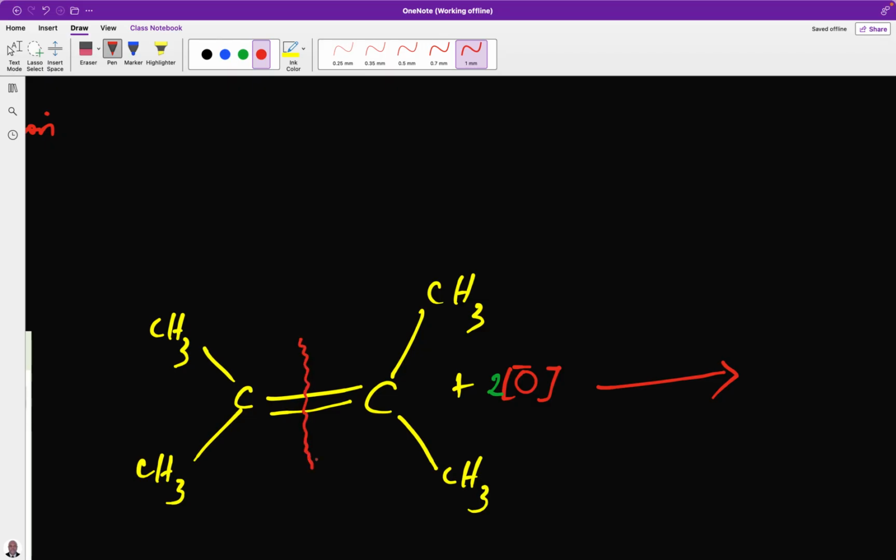When there is a breakage there, oxidation is doing what? Addition of oxygen atoms to a molecule. Two oxygen atoms have been added.